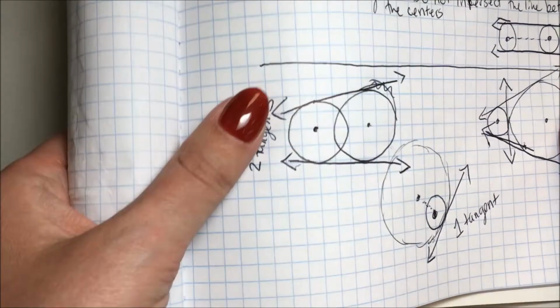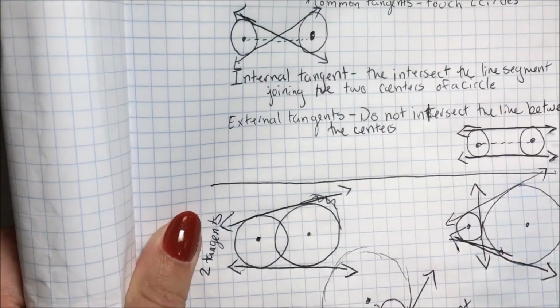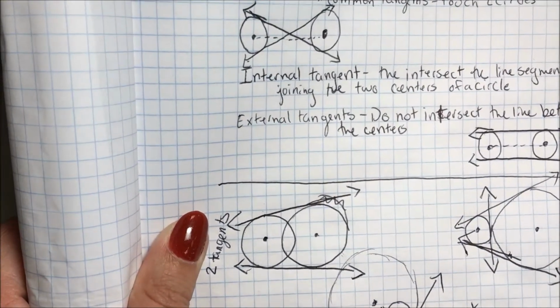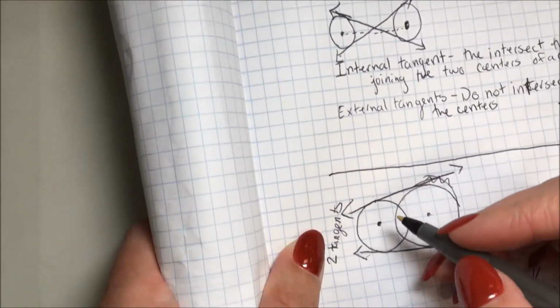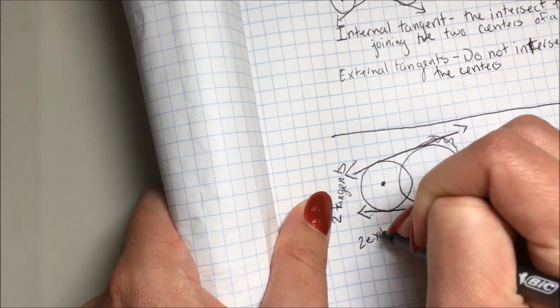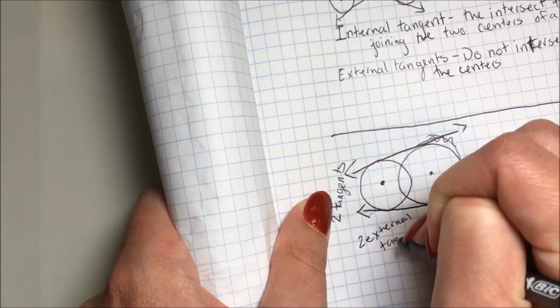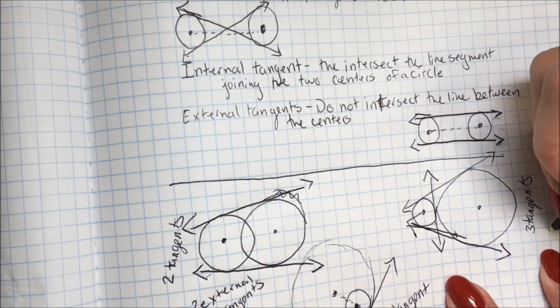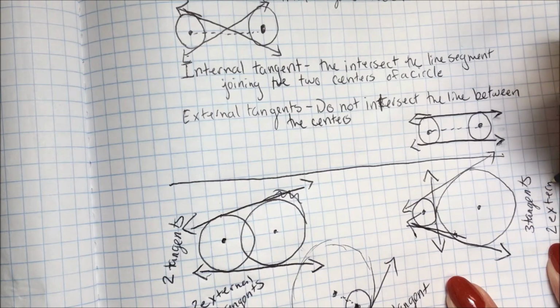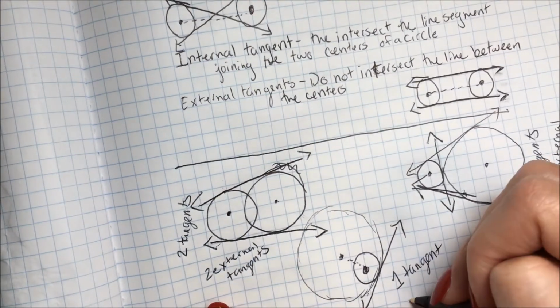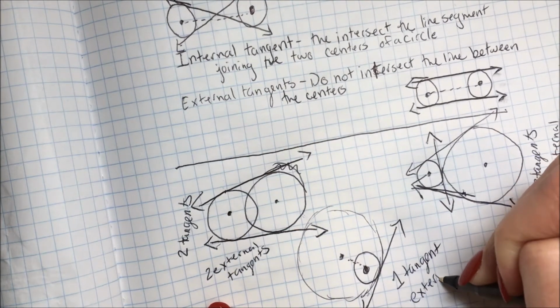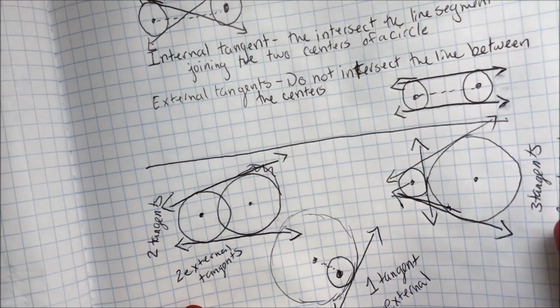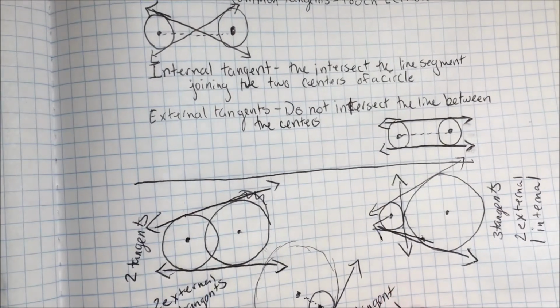So those are the 4 ways 2 circles could have some tangents. Again, this one is 2 external. This one is 3 tangents, 2 are external, 1 is internal. And here it's 1 tangent and it's external.